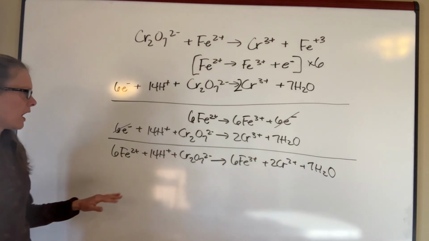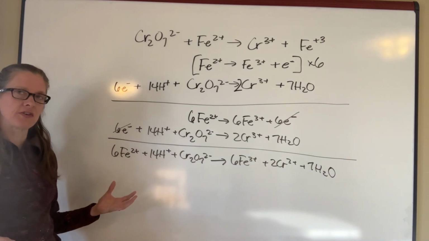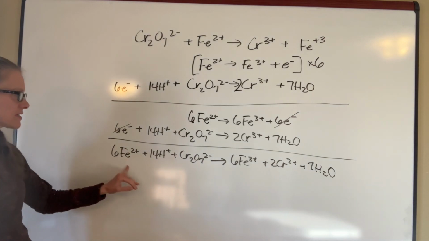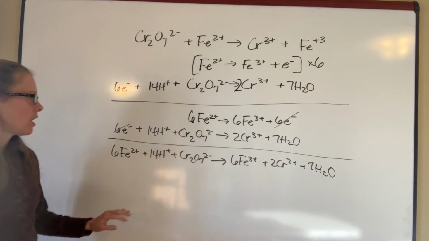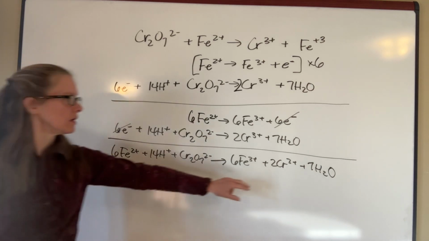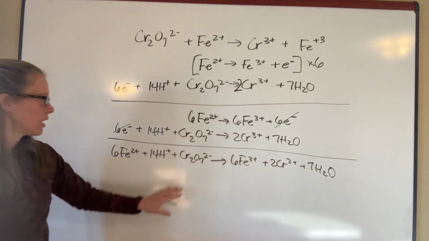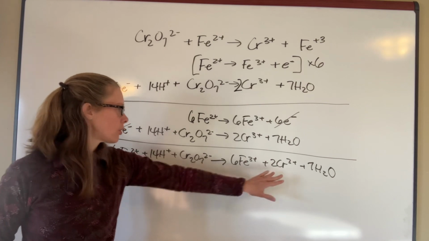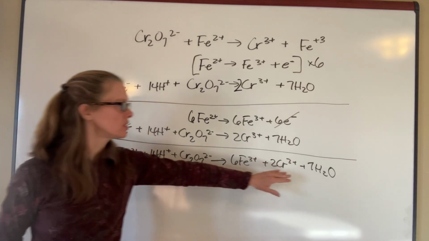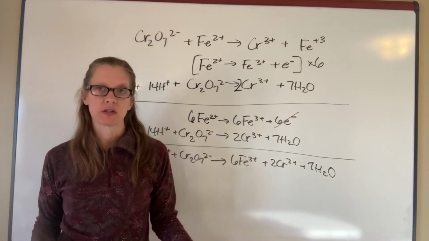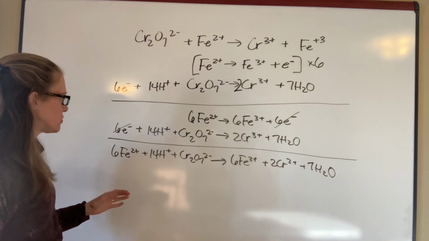Okay. We're going to check to see if we're balanced according to atoms. 6 irons and 6 irons. I have 14 hydrogens and 14 hydrogens. We've got 2 chromium and 2 chromium. We've got 7 oxygen and 7 oxygen. So I'm balanced as far as atoms. Now I need to check charge.